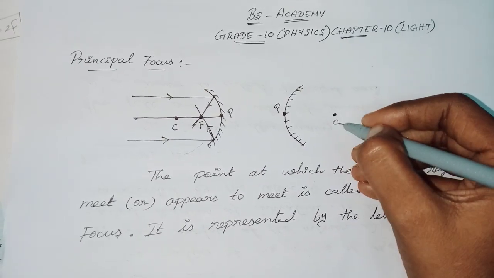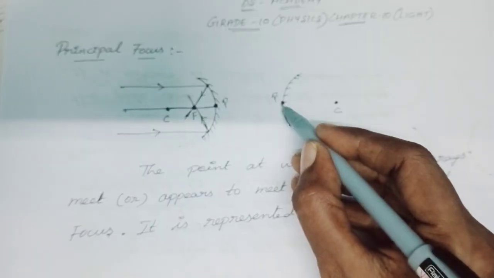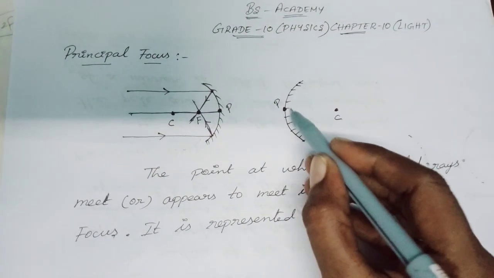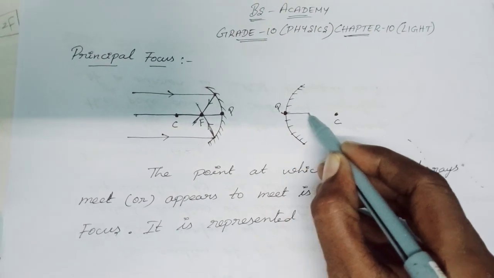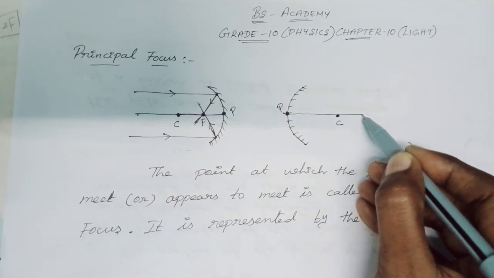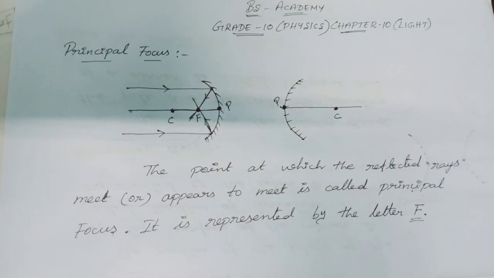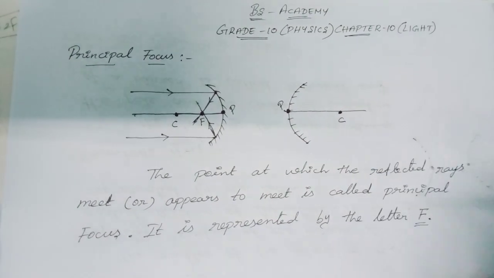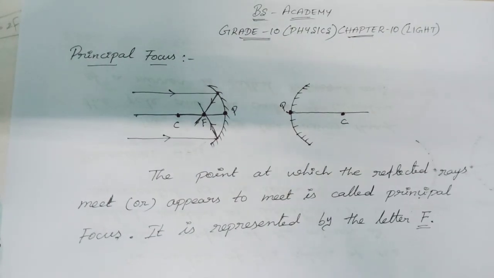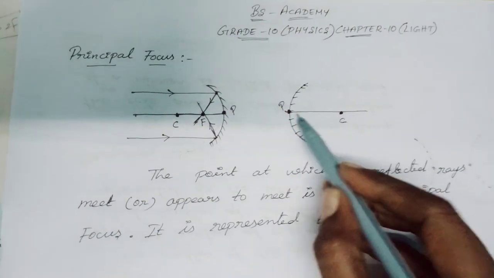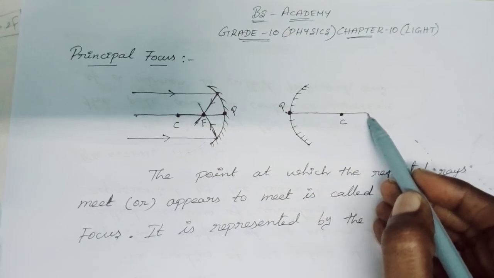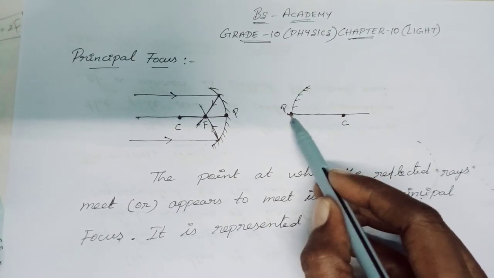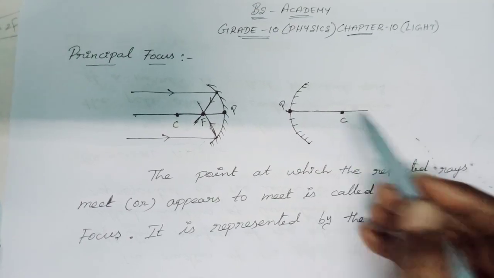So this is the center of curvature, and the imaginary line which passes through the pole and the center of curvature is called the principal axis. And this distance is called the radius of curvature.